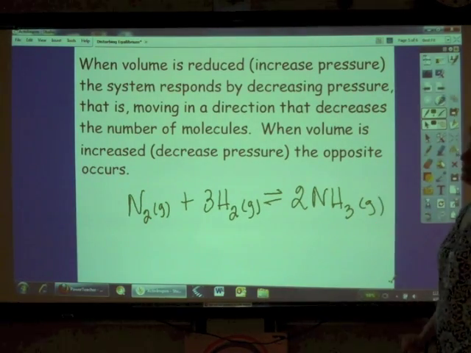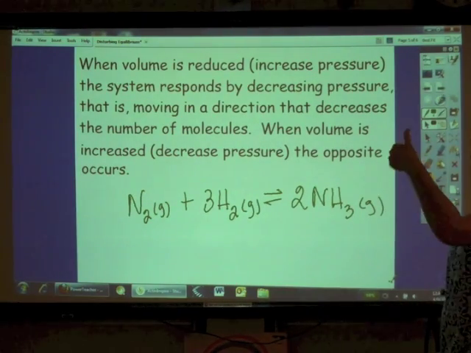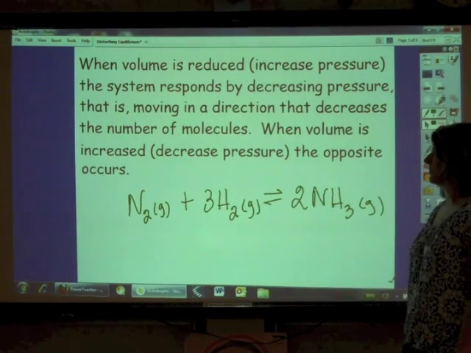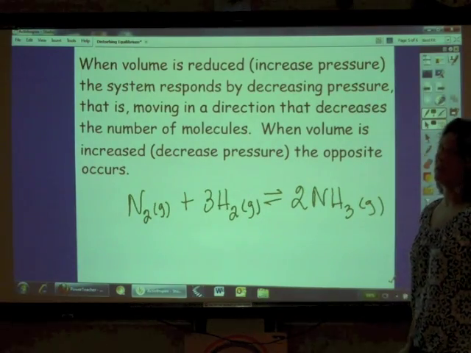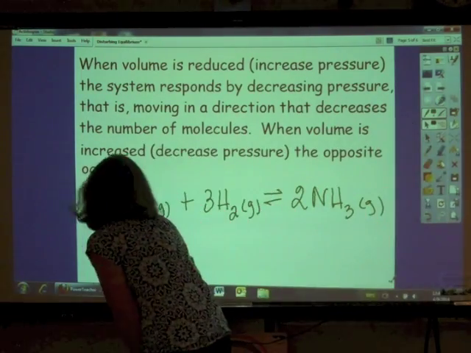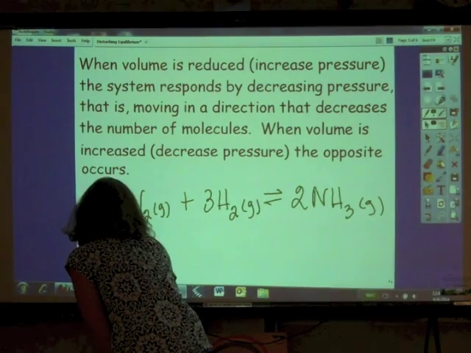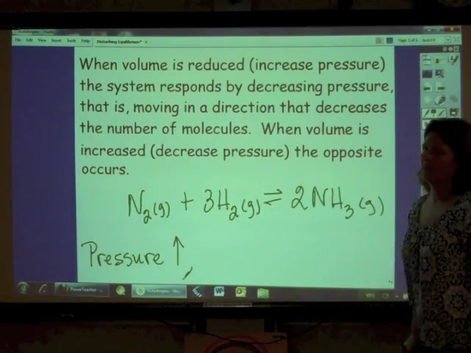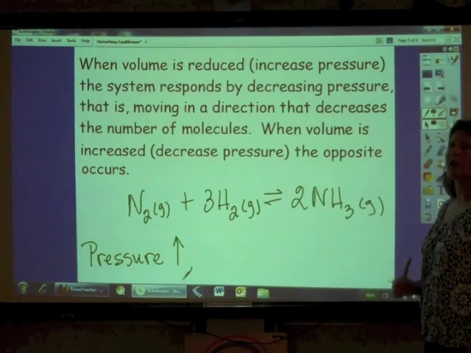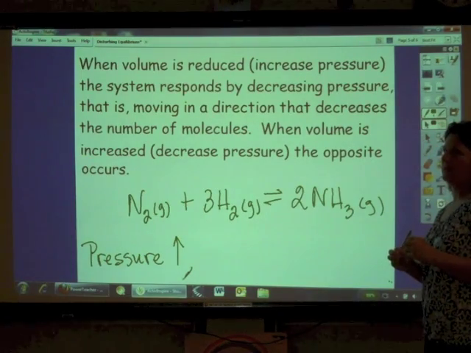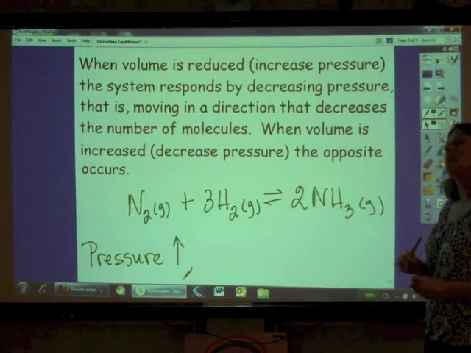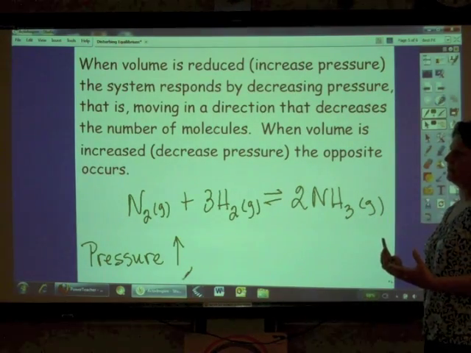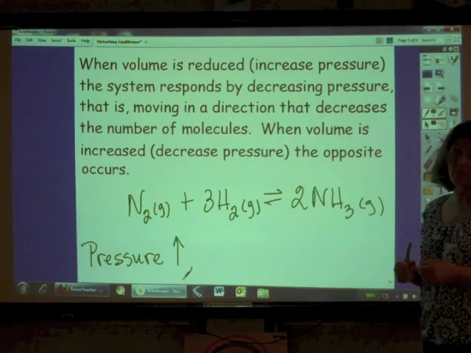All right, so if we increase the pressure, if pressure goes up, this system is going to respond to that disturbance by decreasing its pressure. So if the pressure goes up, the system will respond by decreasing pressure, and that happens by shifting in the direction that has the least number of molecules. And which direction has the least number of molecules?